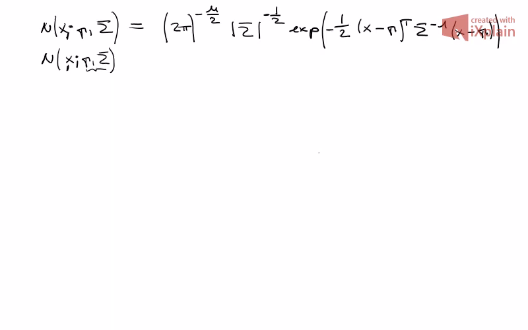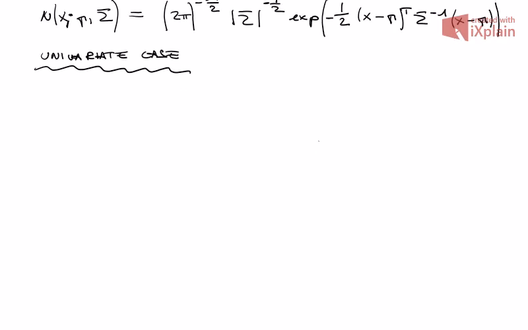To make this more concrete, we first look at what this actually means in the univariate case, by which I mean that x is a scalar, mu is also a scalar, and sigma is a positive definite matrix.